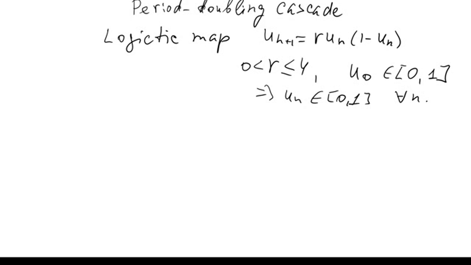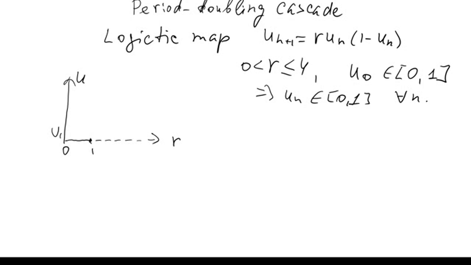So what we know: we have u1, which is equal to 0, which is stable when r is between 0 and 1, and it becomes unstable when r is more than 1.